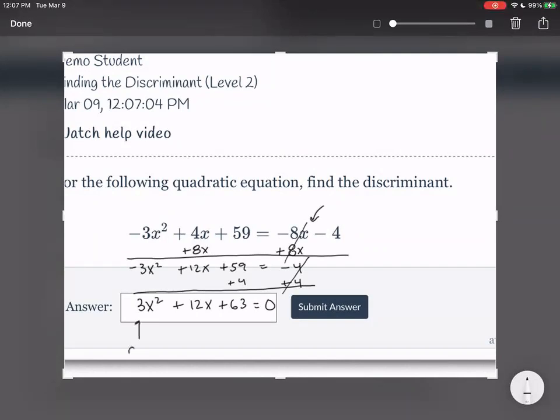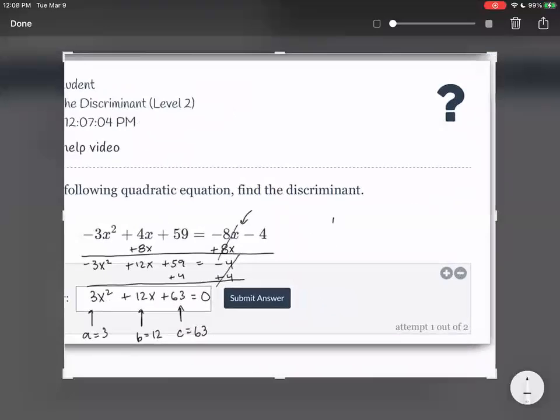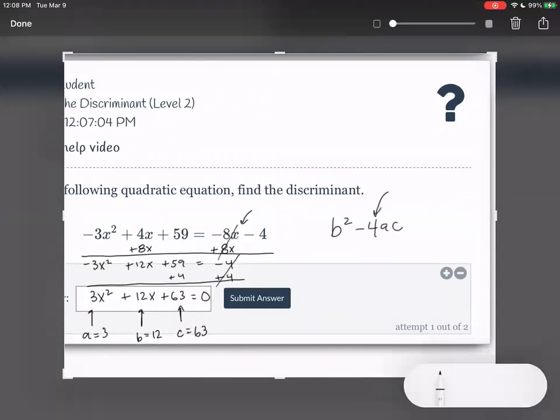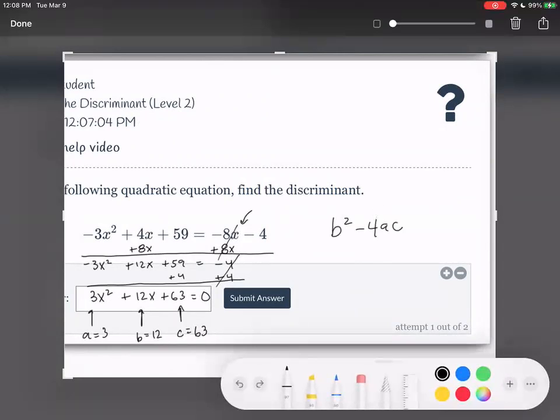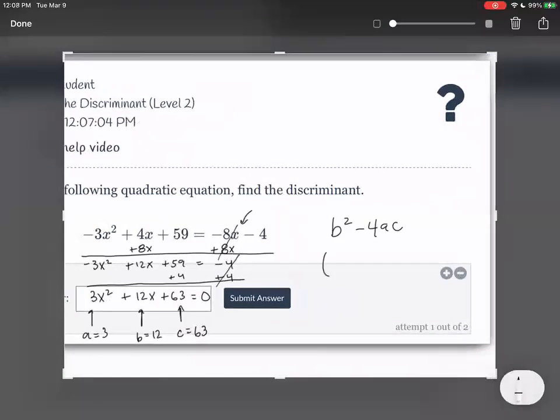So this is your A, this is your B, positive 12, and this is your C, positive 63. We are simply going to plug this into our discriminant formula. And yes, the 4 always remains as a 4. So b squared minus 4ac. So we have 12 squared minus 4 times A times C.